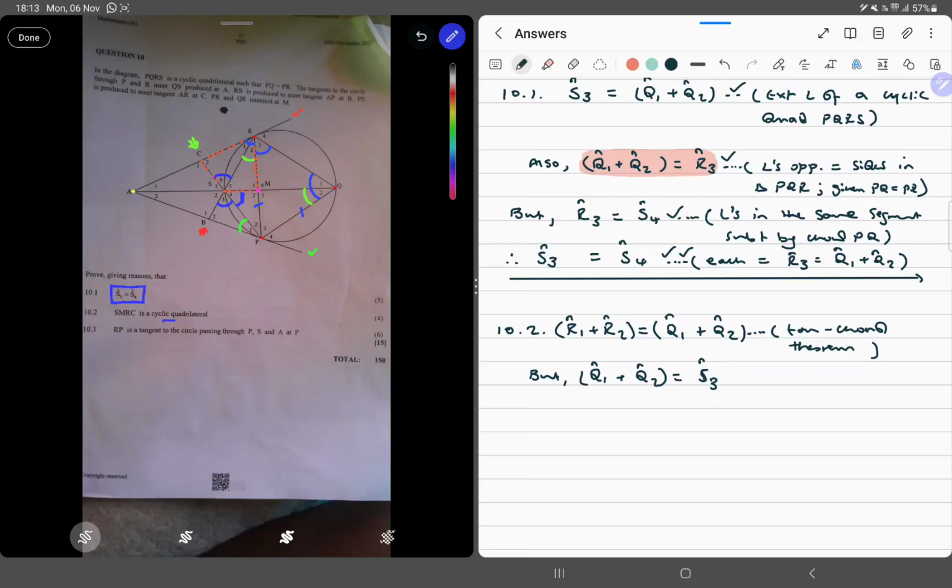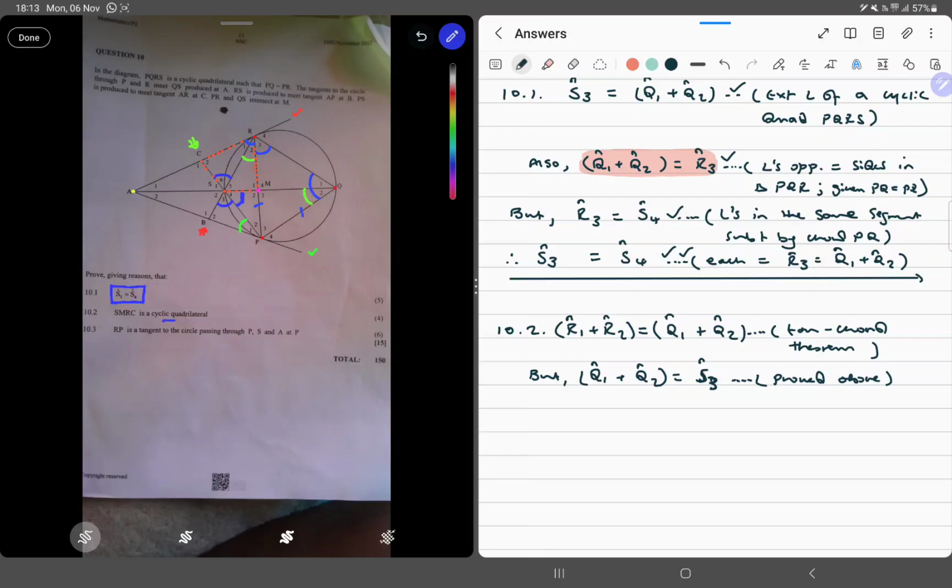Okay, just always try to make the connections. And why is that? We can say proved above, or you can say exterior angle of a cyclic quad, as if you haven't said it before, if you used a different approach for the above.